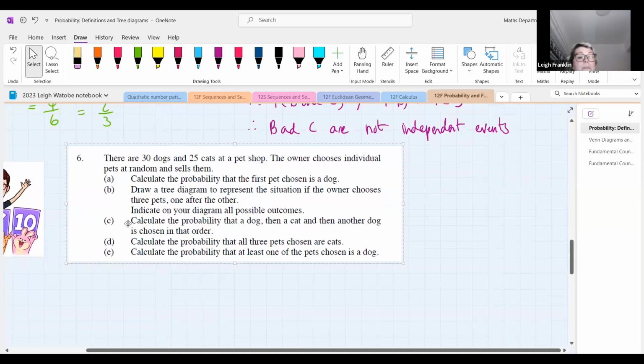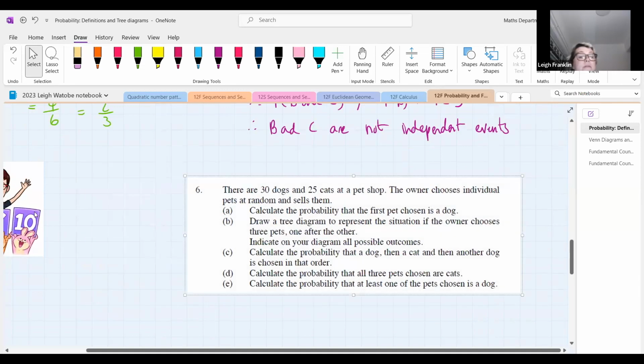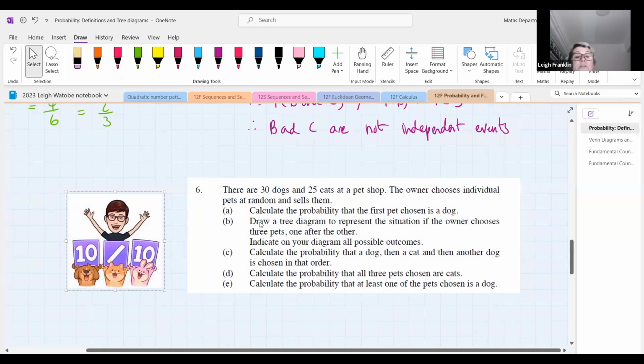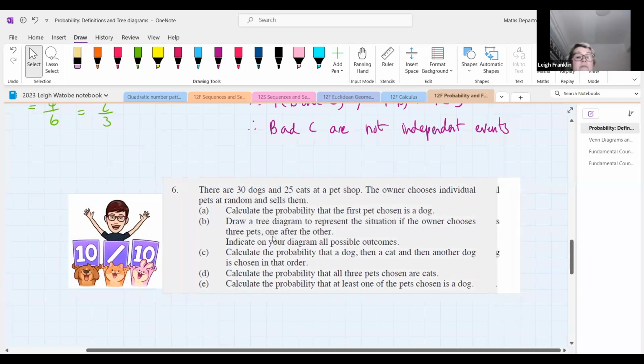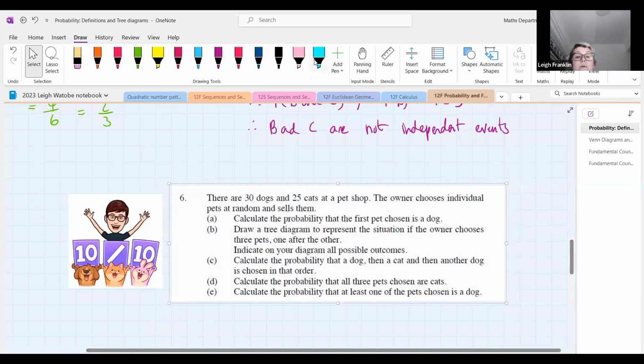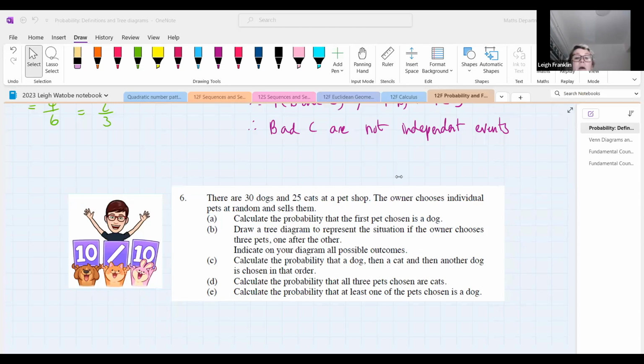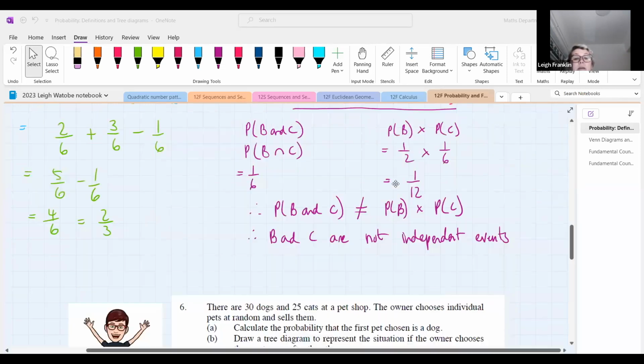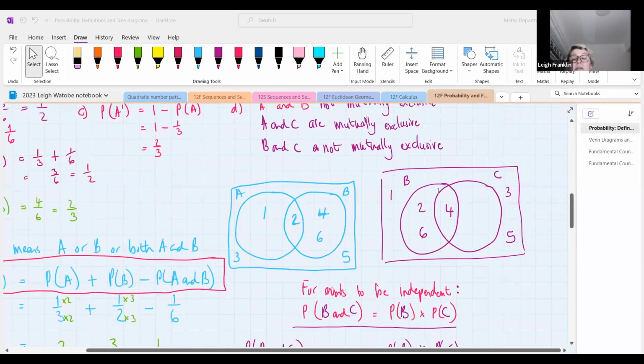All right, so they tell us that there are 30 dogs and 25 cats at a pet shop. Ayola's just asking me a question, going back: how did you get the answer for B and C again? So B and C is the area of intersection, isn't it?